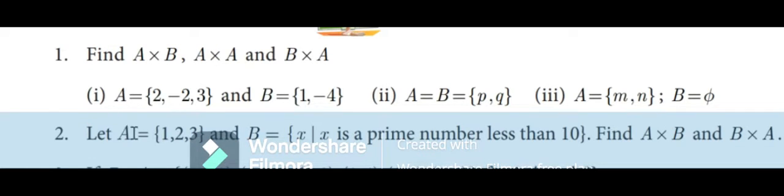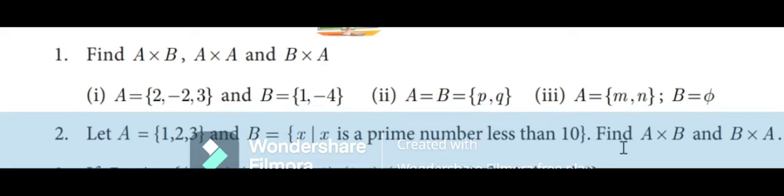The question is: let A is equal to {1, 2, 3} and B is equal to {x : x is a prime number less than 10}. They have given A and B, where A is 1, 2, 3 and B is x for x is a prime number less than 10. So the B set will have the prime numbers that are less than 10.